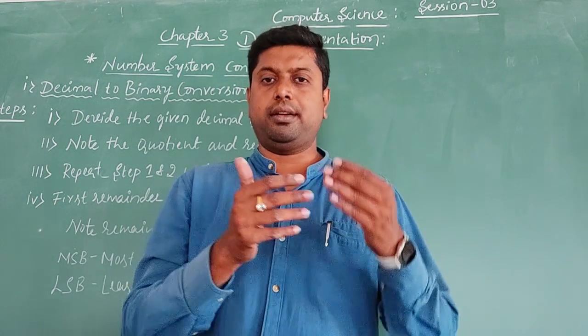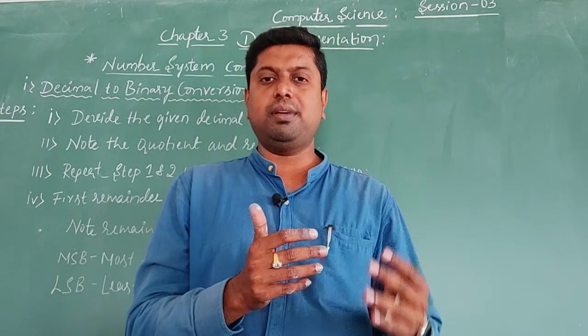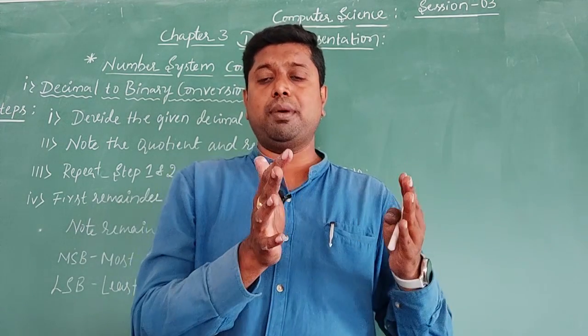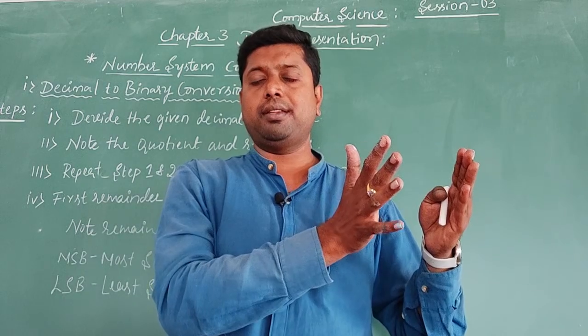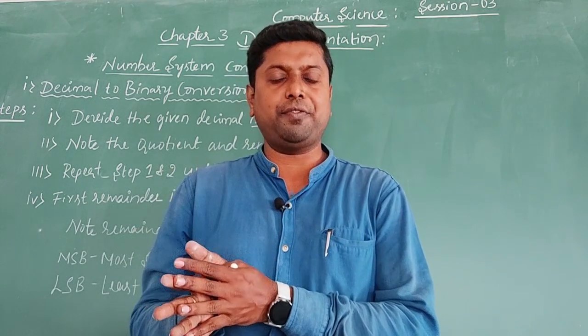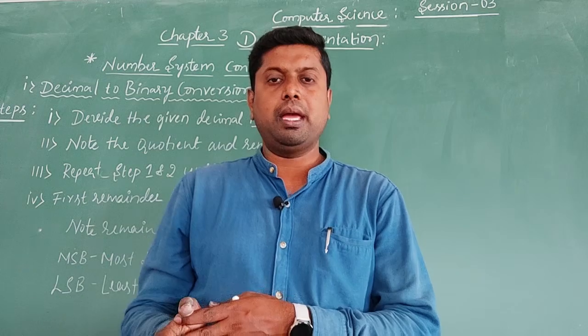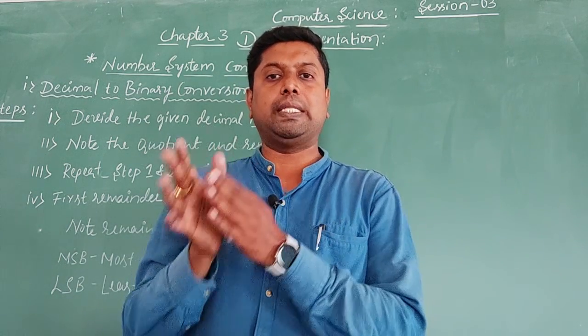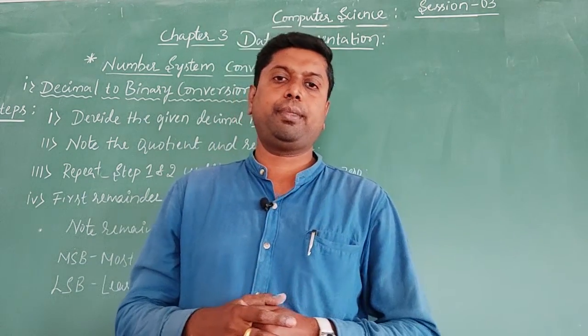Like that, yesterday we discussed the decimal numbering system, which has a base, a radix, of 10, and the digits are 0 to 9. The second type, binary, has a radix of 2, and the two digits are 0 and 1.